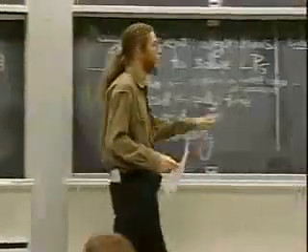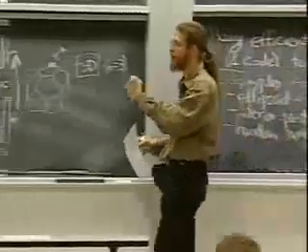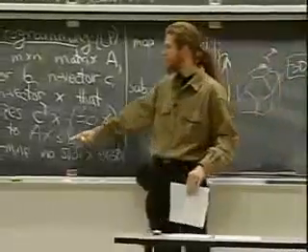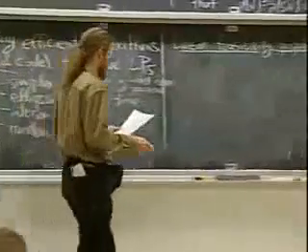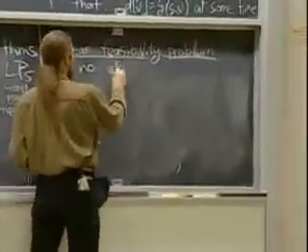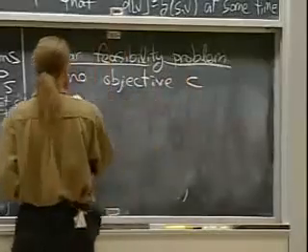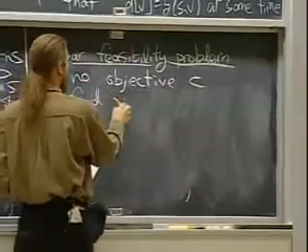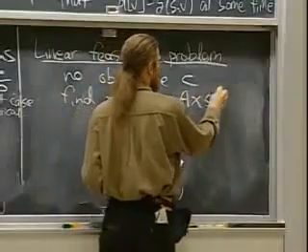In a feasibility problem, I just want to know, is the polytope empty? Can you find any point in that polytope? Can you find any set of values x that satisfy these constraints? Okay, so there's no objective, c. Just find x such that Ax is less than or equal to b.